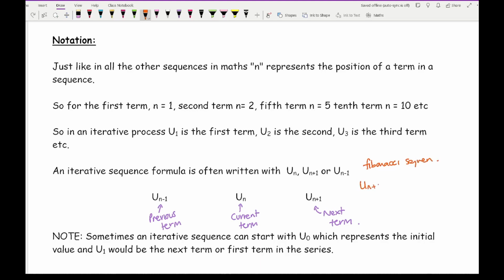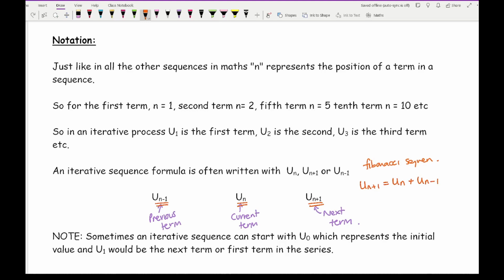Un plus 1 would equal the previous term added to the new term, which is un. So if I want to work out this term, it would be this term plus the one before that one, which would be un minus 1.